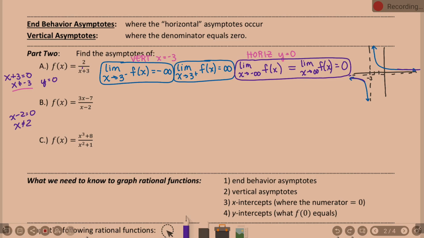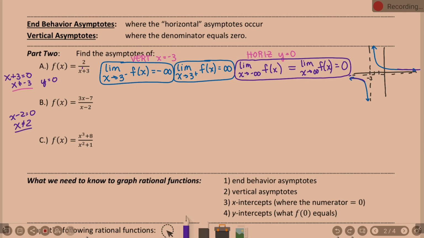Okay, so vertical asymptote is going to be x equals 2 because vertical asymptote is solely based on the denominator. Can my numerator equal 0? It can. And in fact, 3x minus 7 would be an x-intercept. Okay, we'll talk about that down at the bottom. But where your numerator equals 0 is going to be an x-intercept. So we'll talk about that on our graph down there.